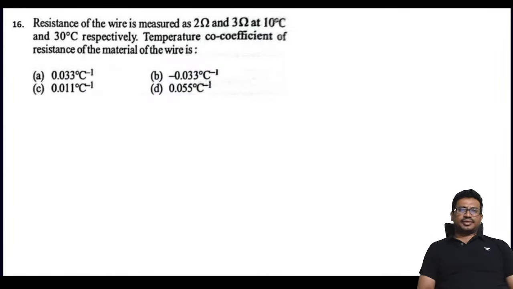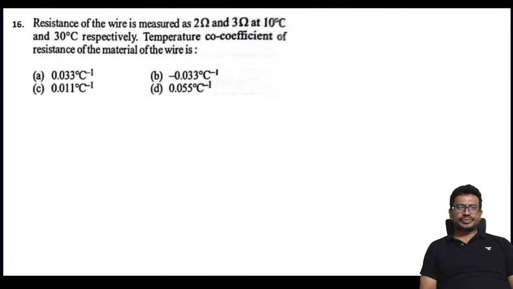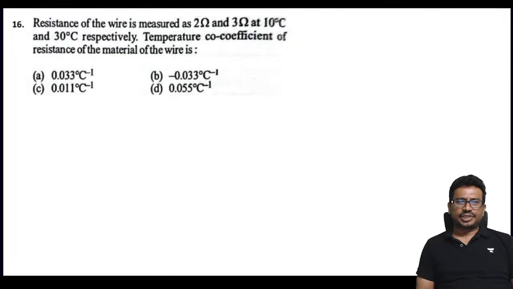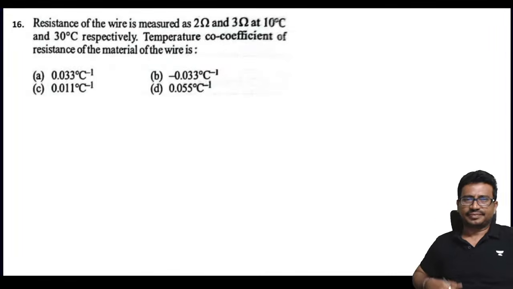Next, resistance of the wire is measured as 2 ohms and 3 ohms at 10 degrees and 30 degrees respectively. The temperature coefficient of resistance of the material, alpha value, we need to calculate.